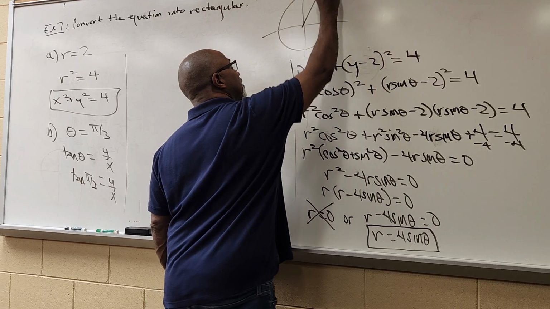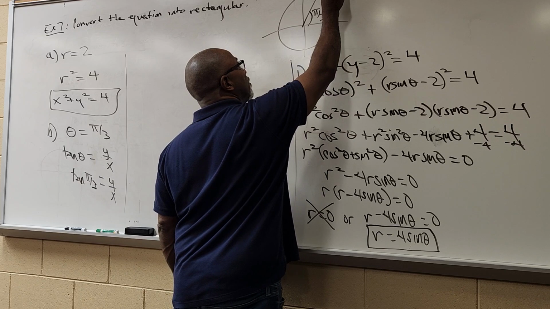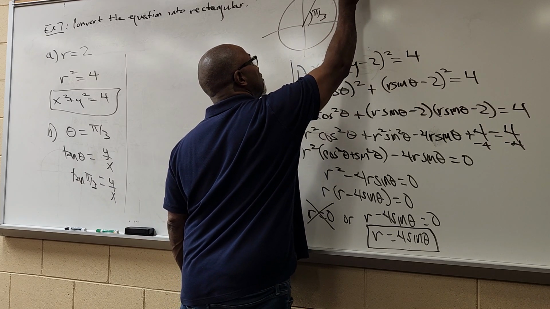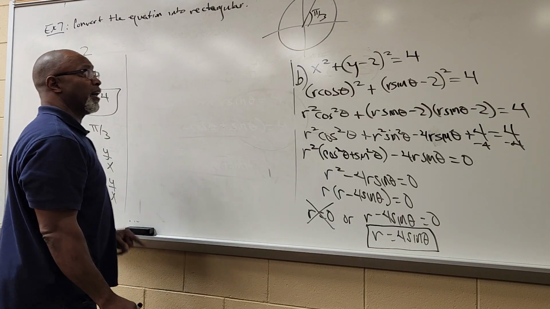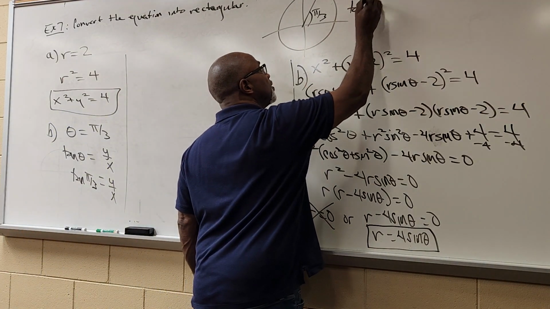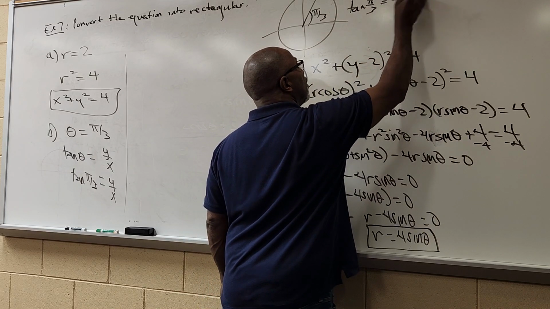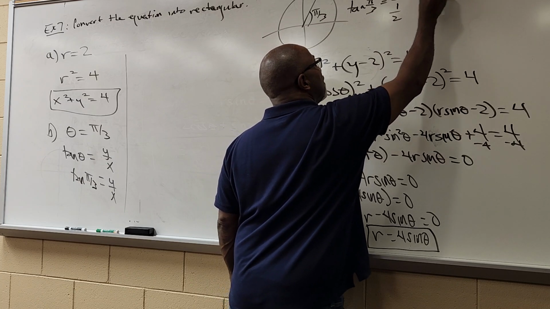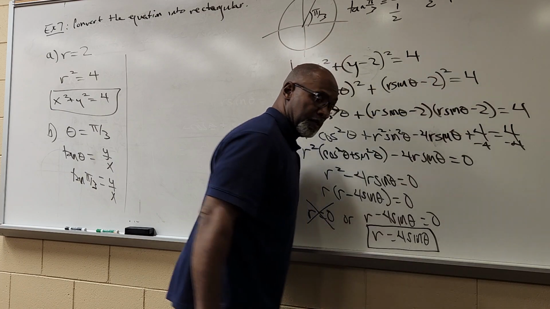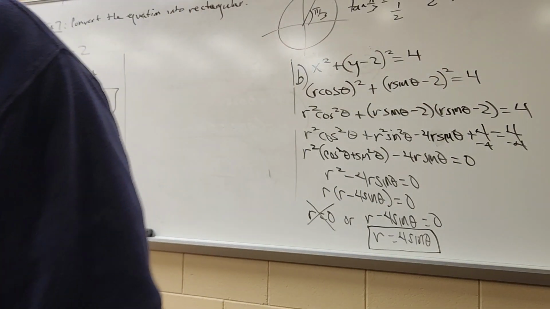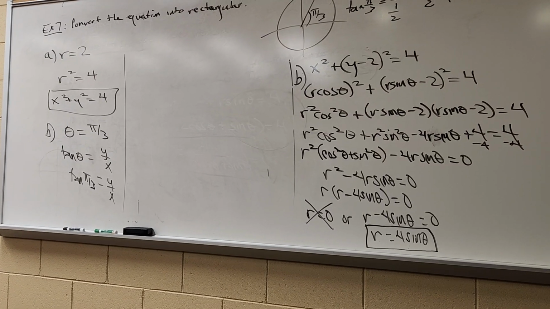If I look at pi over 3, I'm right here at 60 degrees, or pi over 3 radians. And the x-coordinate is 1/2, the y-coordinate is square root of 3 over 2. And so the tangent of pi over 3 would be the y-coordinate over the x-coordinate. That's square root of 3 over 2 times 2 over 1. That's square root of 3. So the tangent of pi over 3 turns out to be square root of 3.